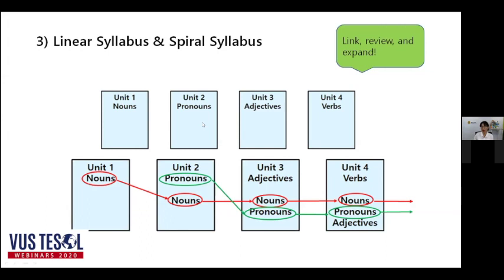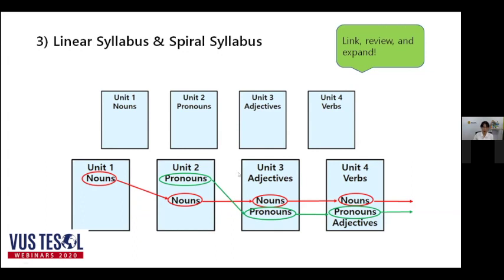Unit 2, pronouns. Unit 3, adjectives. Unit 4, verbs. This is the usual progression of a grammar book. Do you use a book like this? Each unit has different grammar targets, and it's very linear.